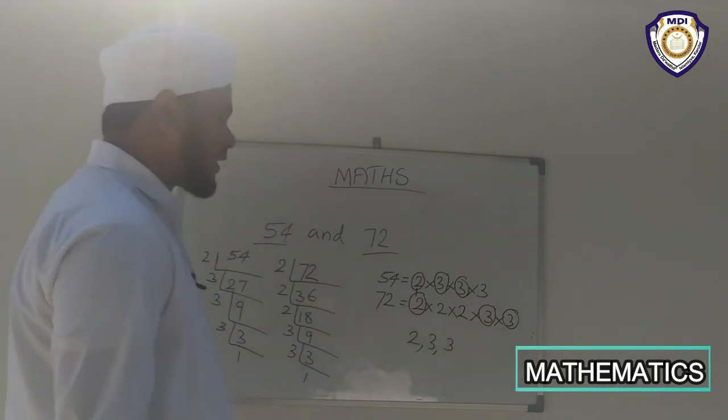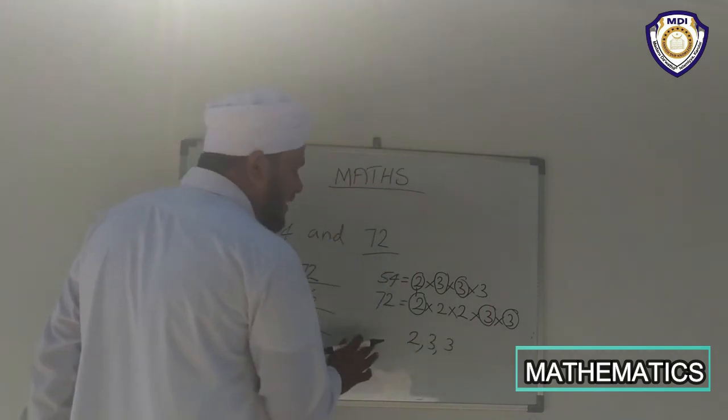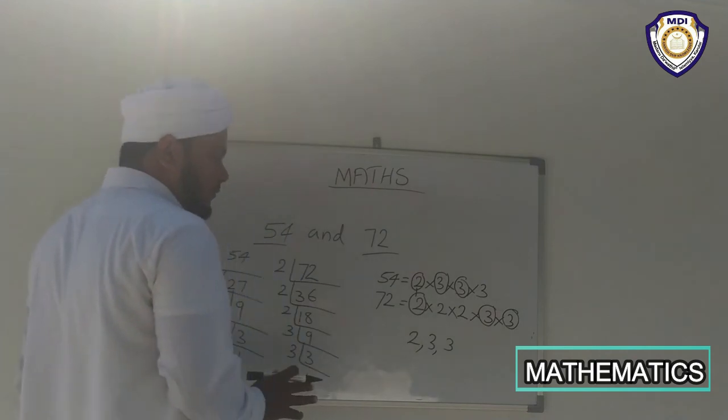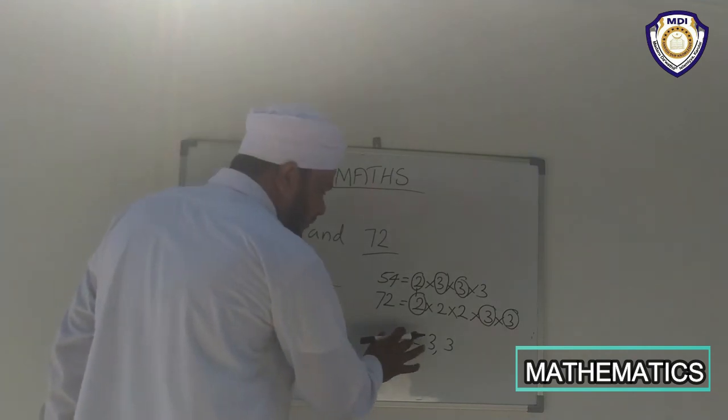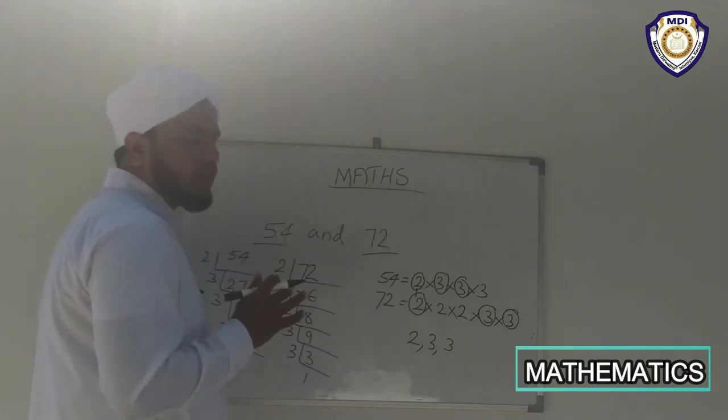If we multiply these 3 numbers, 2, 3, 3, we get the HCF.